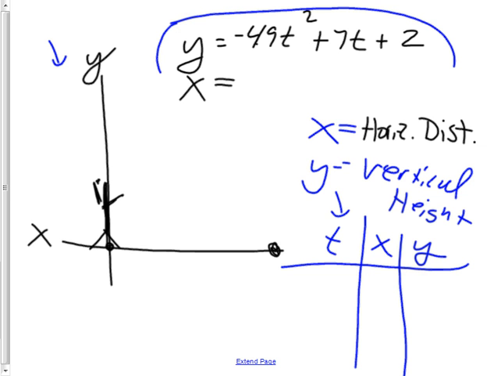In the old XY charts, wouldn't you always just pick a number and stick it in? Do the same thing, except you really don't want to pick an X or a Y. You want to pick a time. And what's the easiest time of all to do? Time 0. Good. So let's put in time 0, and let's stick that into both of our equations. So wait a minute, we don't have an X equation yet.